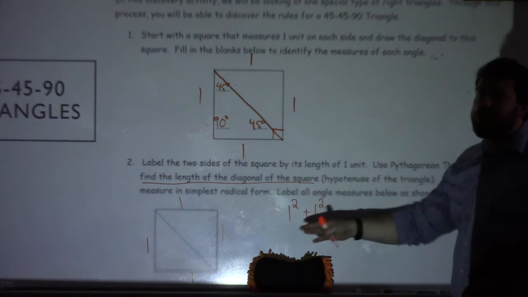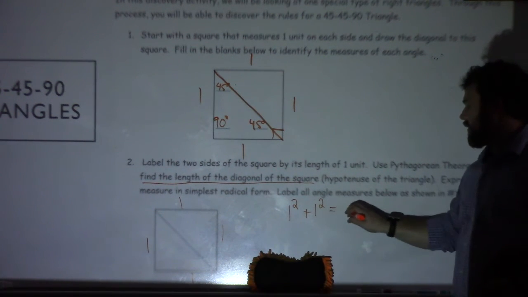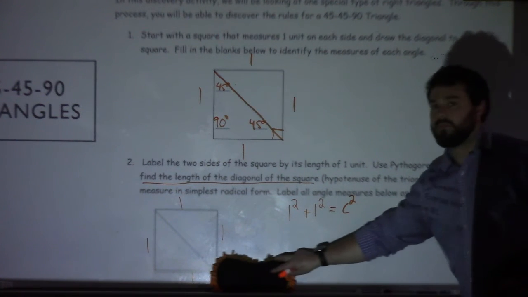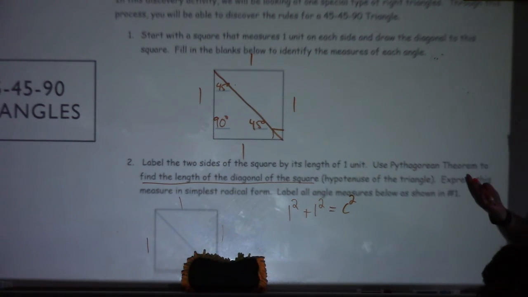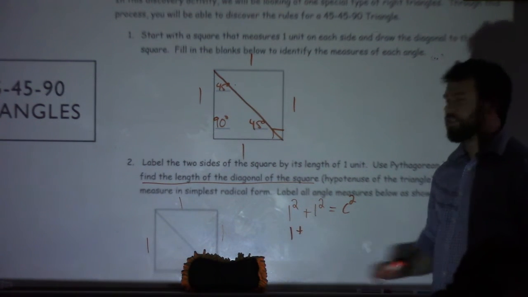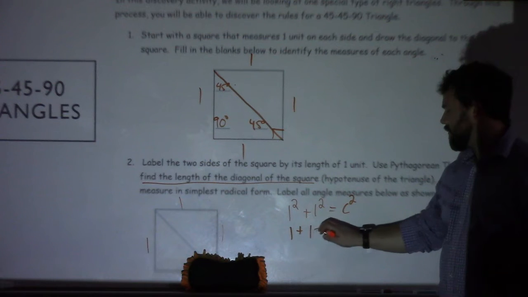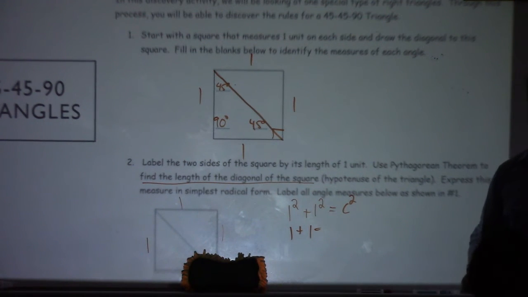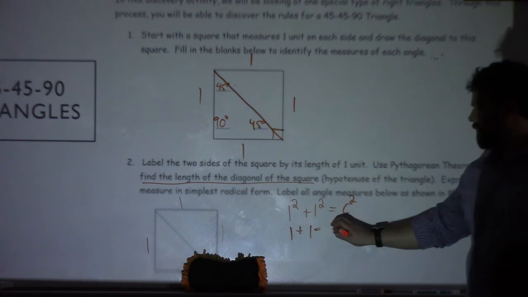Remember, the whole thing is a squared plus b squared equals c squared. That's the big start. What am I going to do now? Square them. What's 1 squared? 1. Plus 1 squared.